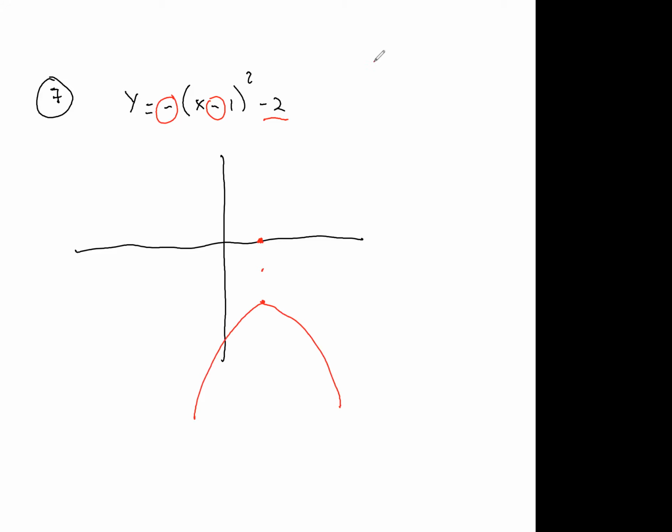Remember that the original one is this one, parabola. You have -1 inside. You move 1 unit. You have -2 outside.